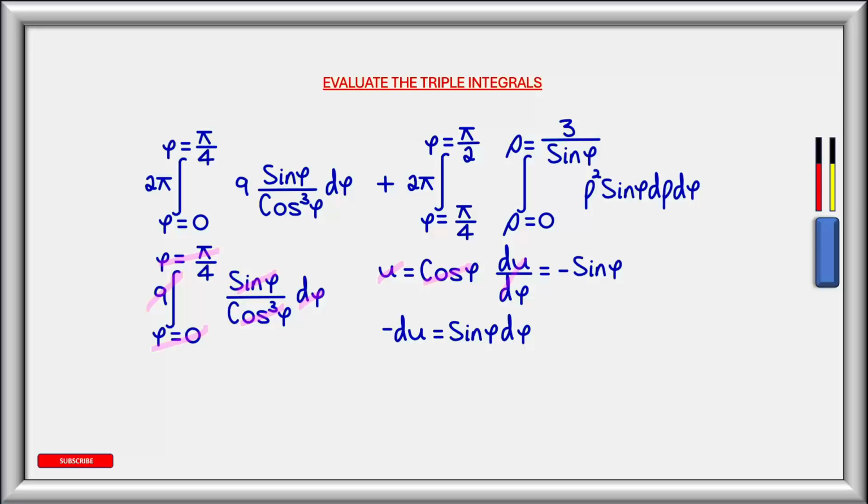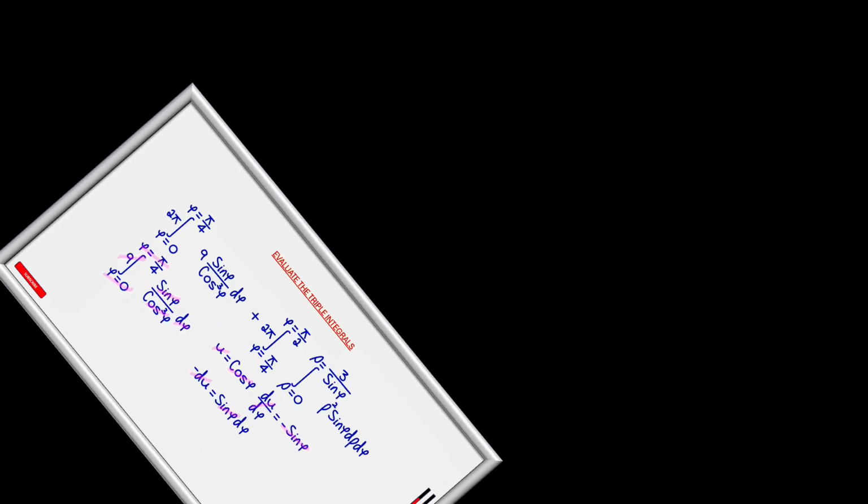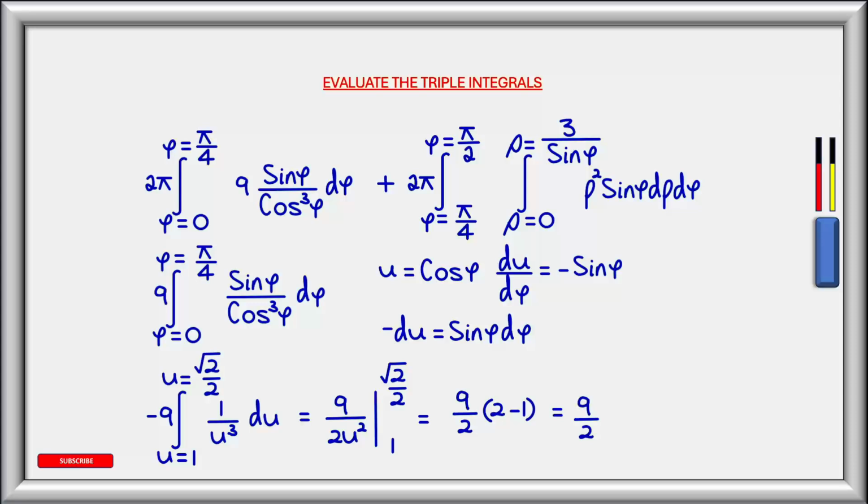So du by d phi equals minus sine phi, and therefore minus du is equal to sine phi d phi. If we now make the substitution and change the limits of integration to reflect this by taking the cosine of pi by 4 and the cosine of 0, we have minus 9 multiplied by the integral from u equals 1 to u equals the square root of 2 divided by 2 of 1 over u cubed du.